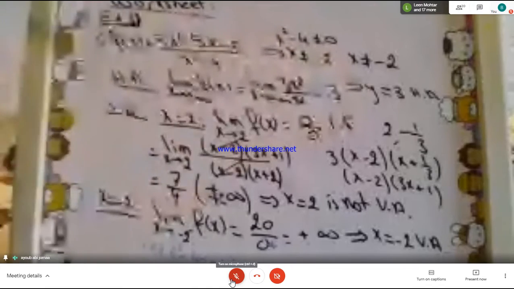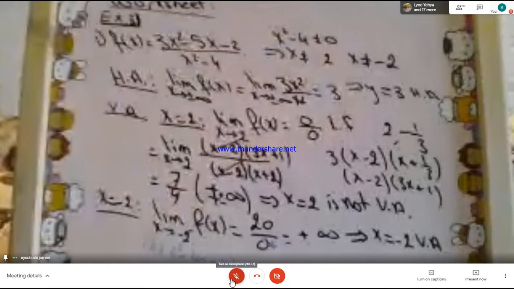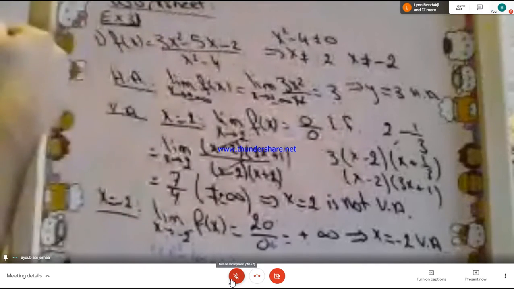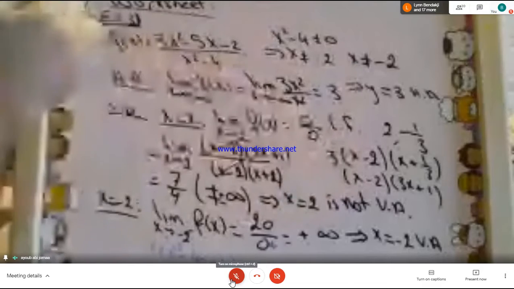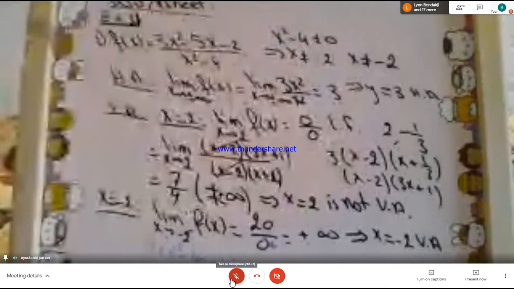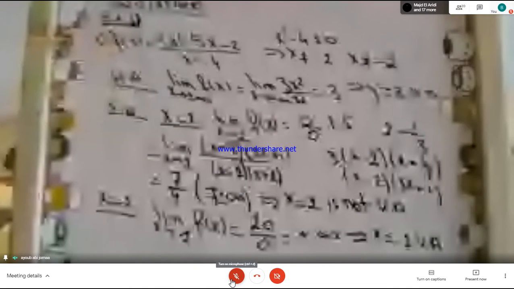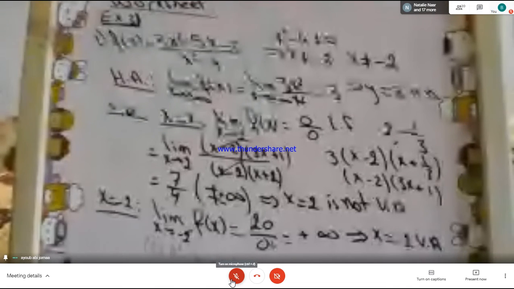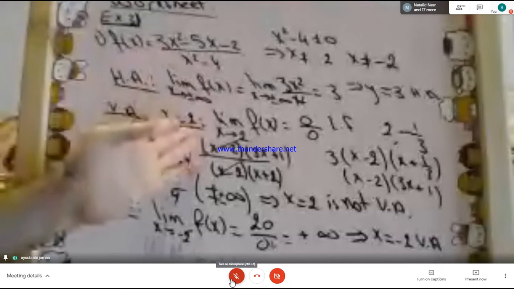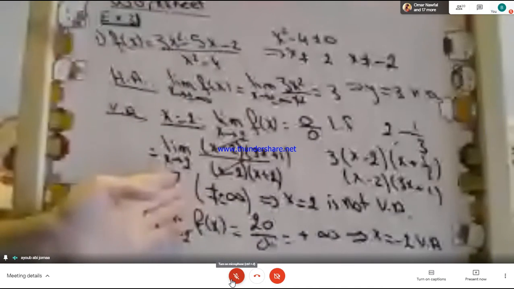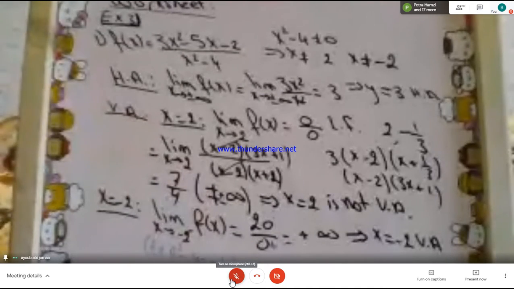Now find the limit as x approaches 2, as we used to find the limit in the book exercises and the worksheet exercises. Replace and you get 0 over 0, an indeterminate form. Factorize and simplify, the answer will be 7 over 4, which is not infinity.